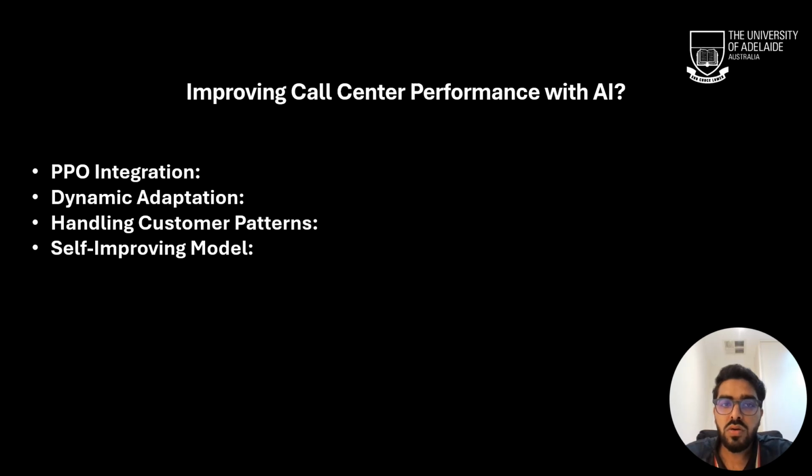By adjusting call routing policies in real time, PPO will enhance our system's ability to handle new customer patterns, seasonal demands, and varying workloads. Over time, this means that our model will keep improving and fine-tuning itself to ensure peak performance in the ever-changing call center environment.